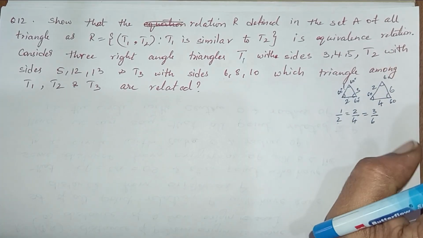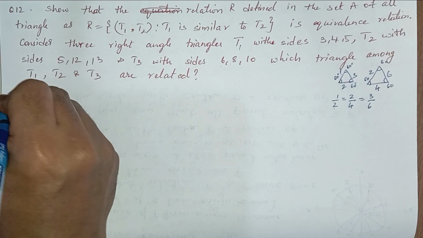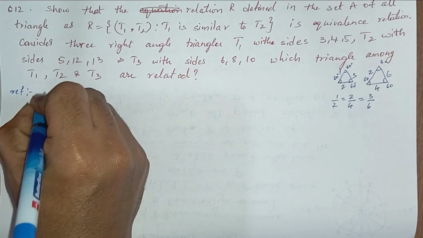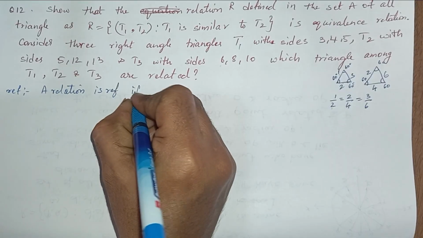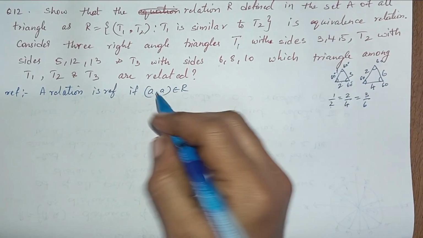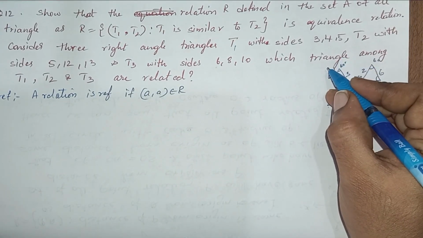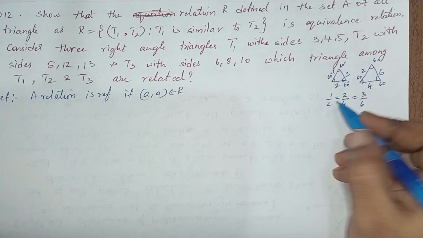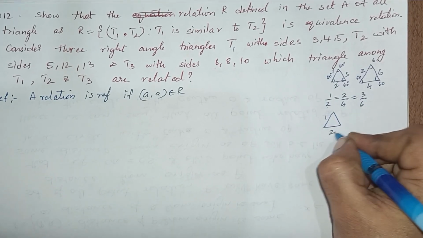So we have to prove it is reflexive, symmetric and transitive. So let's see for the reflexive. A relation is reflexive if (A, A) belongs to R. So here (A, A) belongs to R means the triangle is similar to itself only.